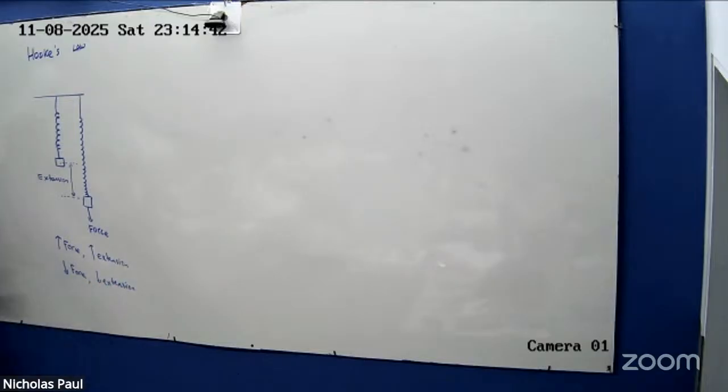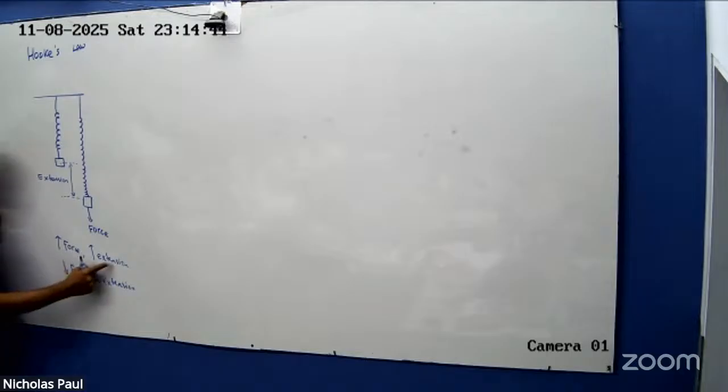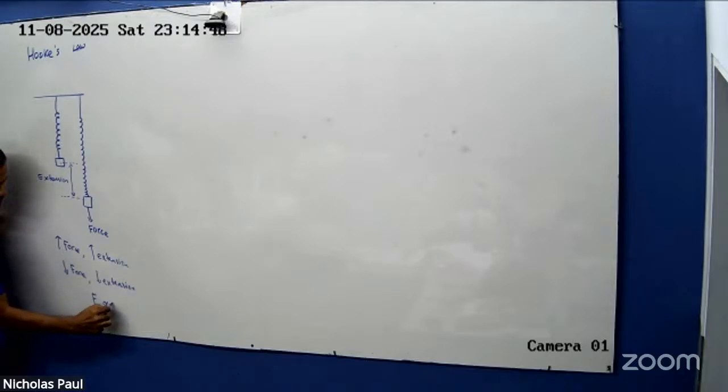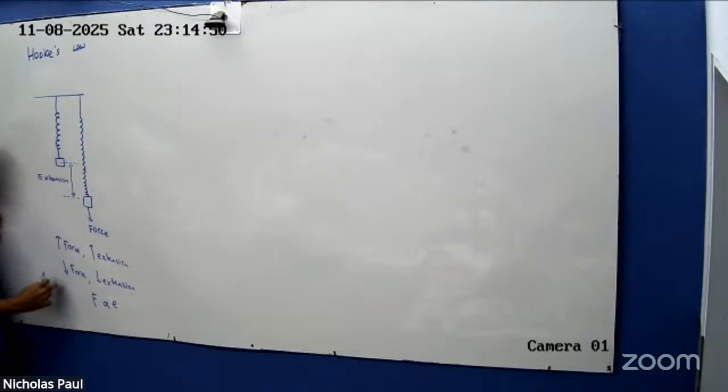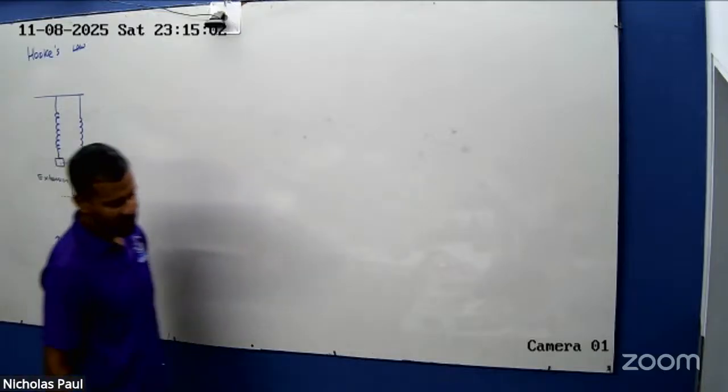So Hooke observed that force and extension are directly related. As one increases, the next increases; as one decreases, the next decreases. But some of you have probably never heard those words before.